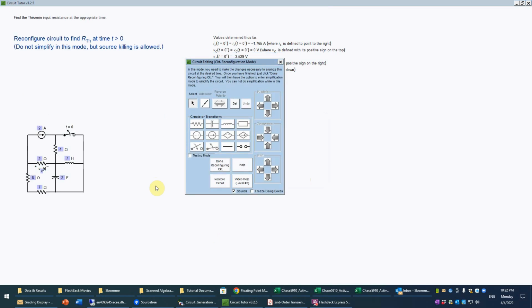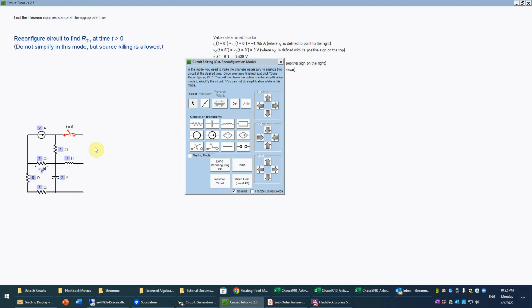And now we want to reconfigure it to find RTH seen from the terminals of those elements. And we're doing this, remember, at t greater than 0, because that's when the transient that we're trying to find is taking place. We're not interested in RTH at t less than 0, so we have to assume that t is greater than 0. And what that means in practice is, of course, that the switch now is going to be open rather than closed.